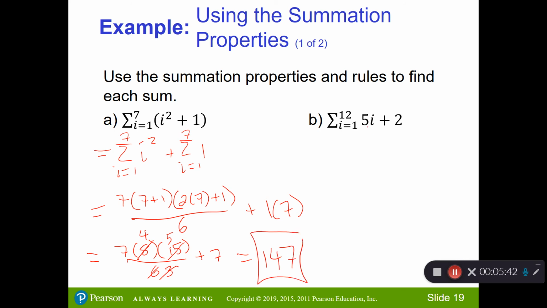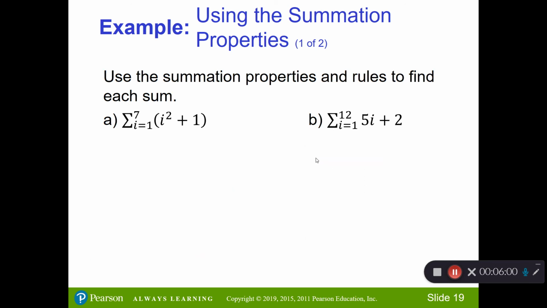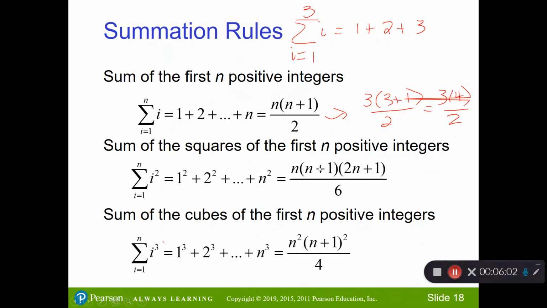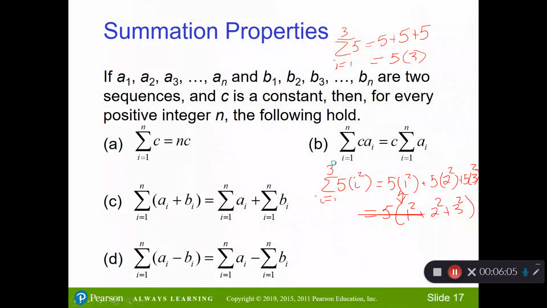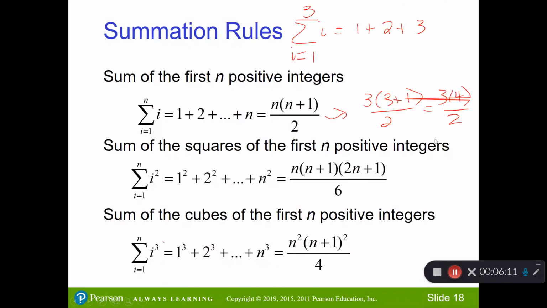All right, let's do this one. So I'm going to start by splitting it up just like I did that one. So I'm going to write this as the sum from i equals 1 to 12 of 5i plus the sum from i equals 1 to 12 of 2. Now this one, I'm going to use this fact that I can take the constant outside, and then we'll use this formula for the i.